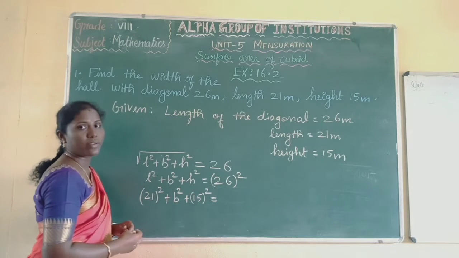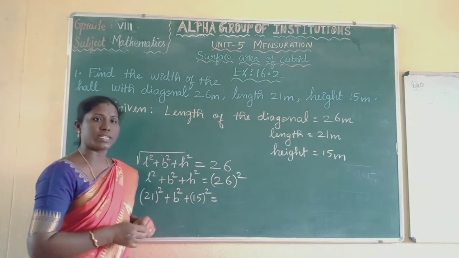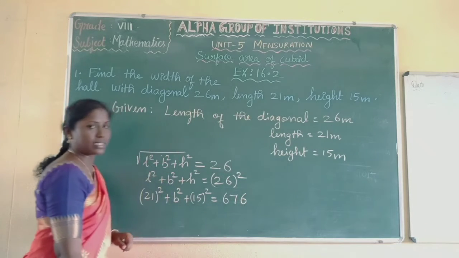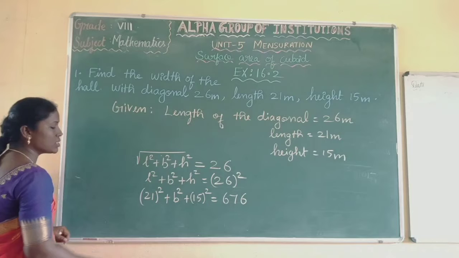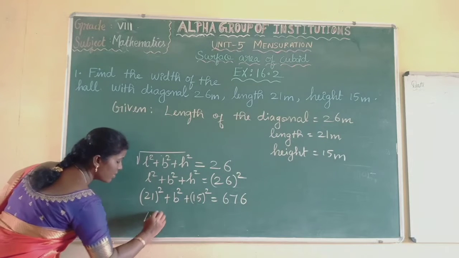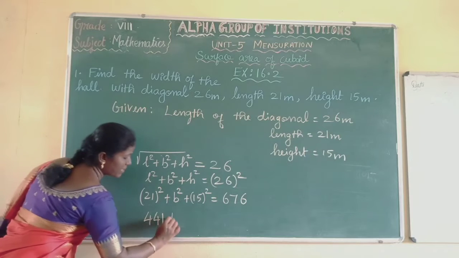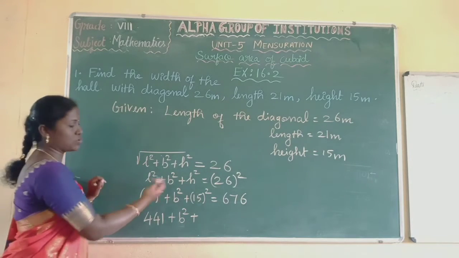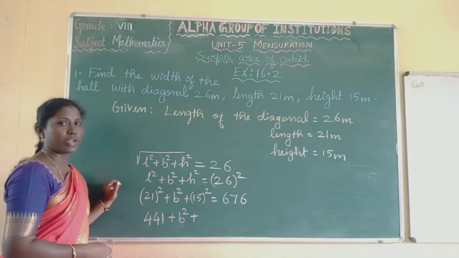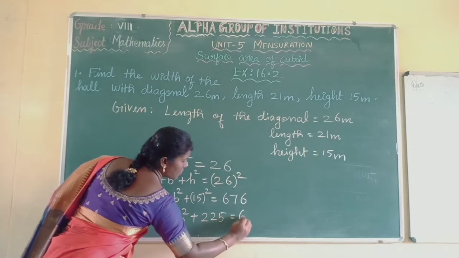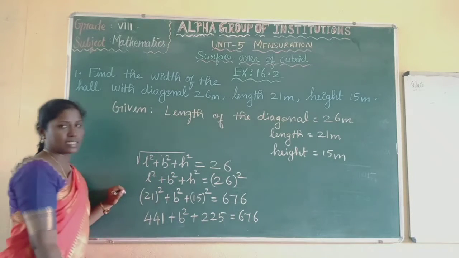What is 26 square? We have to multiply 26 into 26, which is 676. Now find the value of this. What is 21 square? 21 into 21 is 441, plus B square, and 15 square. In the previous problem I solved that 15 square is 225. So 441 plus B square plus 225 is equal to 676.